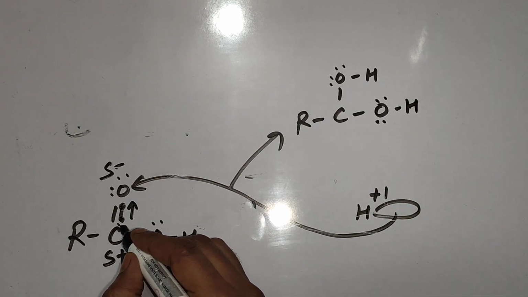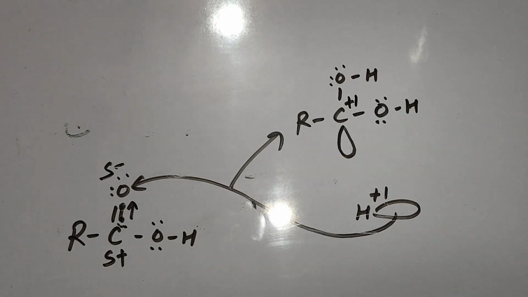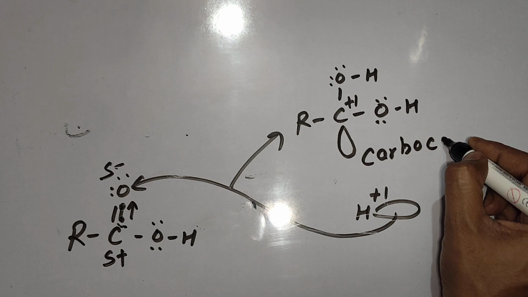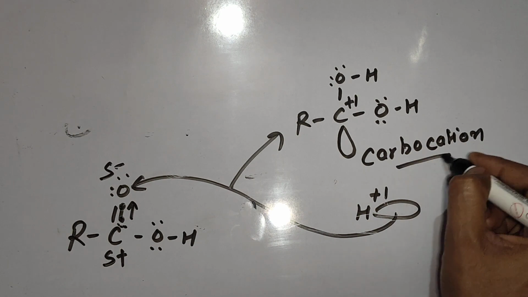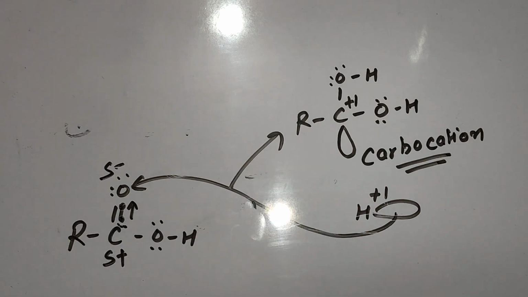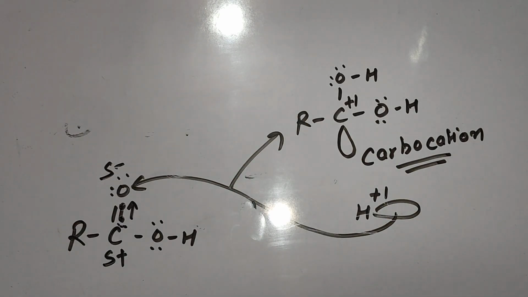Now this carbon is losing its electron. So around this carbon, vacant orbital will generate like this and +1 charge, carbocation. Here we have a generation of carbocation. So in the first step, the carboxylic acid molecule turns to carbocation due to the attack of H positive ion which was delivered from acids.